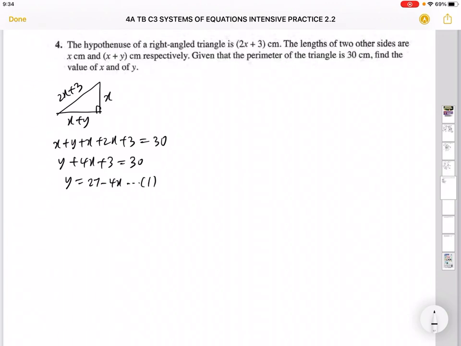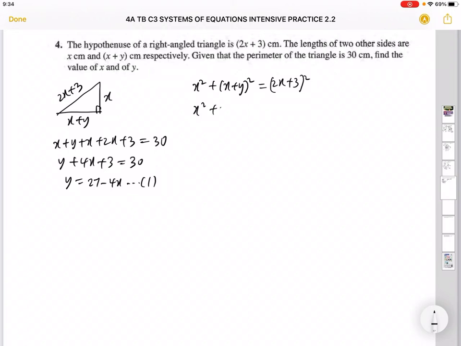Now, the second equation must be using Pythagoras. You notice there's no other information given. Whenever you have a right angle triangle, we can use the Pythagoras theorem. So x squared plus y squared, x squared plus (x plus y) squared, equals (2x plus 3) squared. Now, I wouldn't want to expand at this stage.